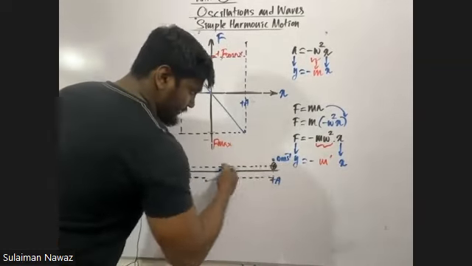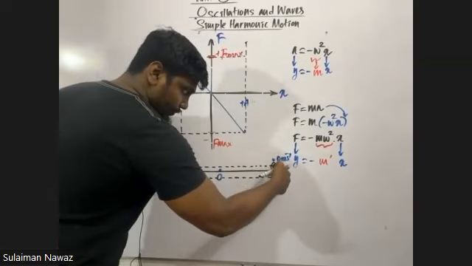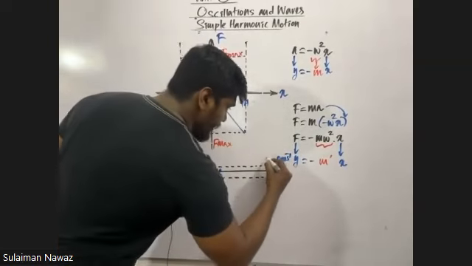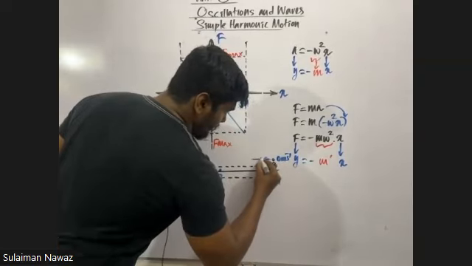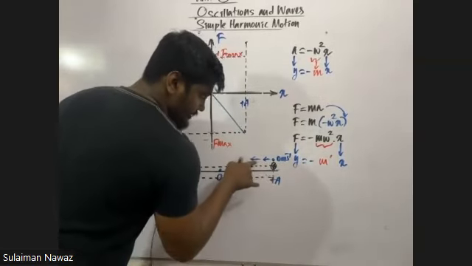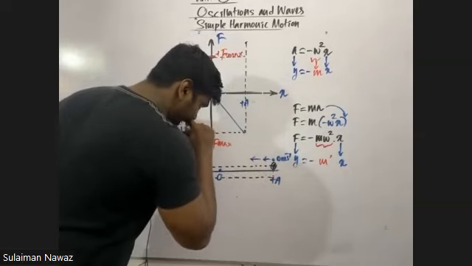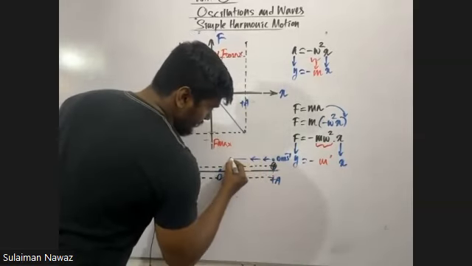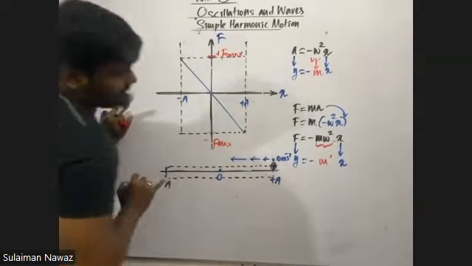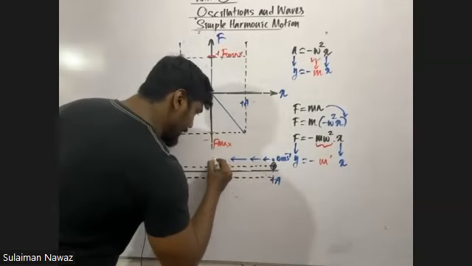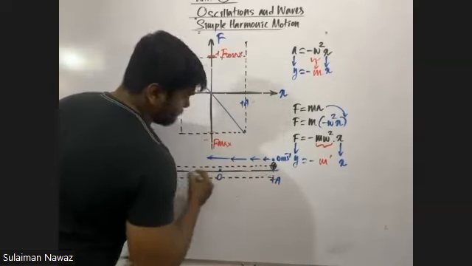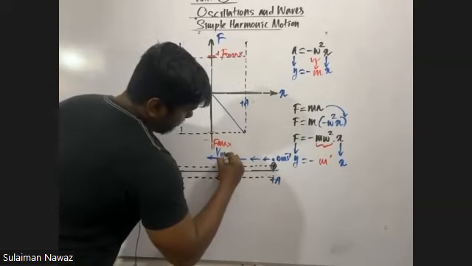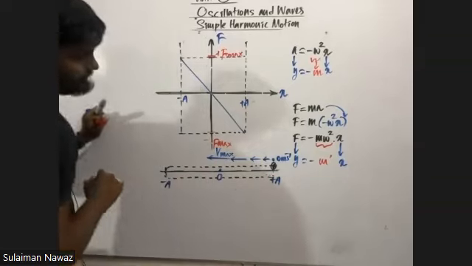Then from positive amplitude to the equilibrium point, velocity is increasing. Look at it. The size of the arrow represents the magnitude of the velocity. At the equilibrium point, velocity is maximum.